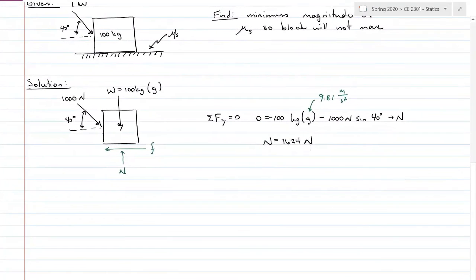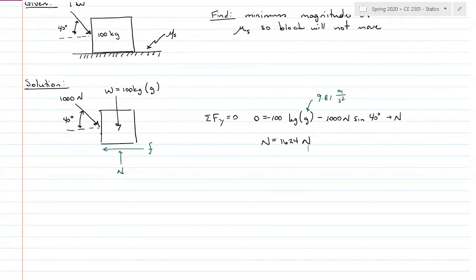Okay, now we want the block to not move. So the minimum mu would be the maximum friction, right? Mu s minimum would equal friction maximum.